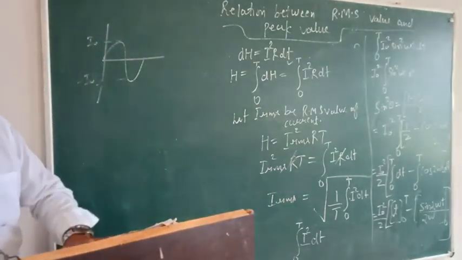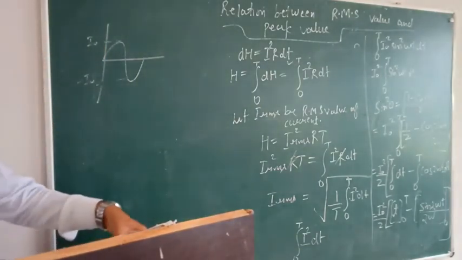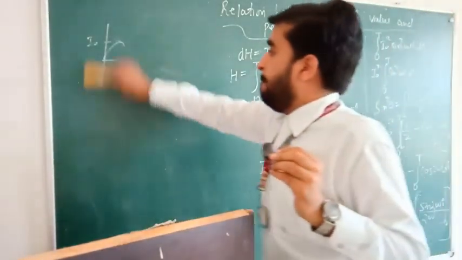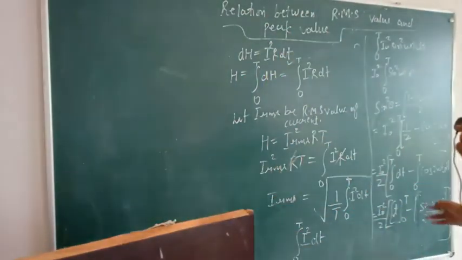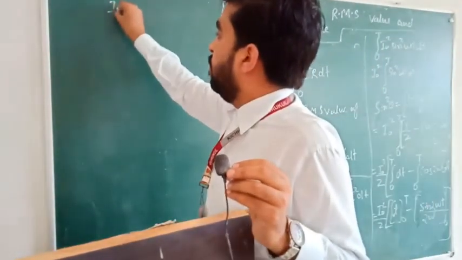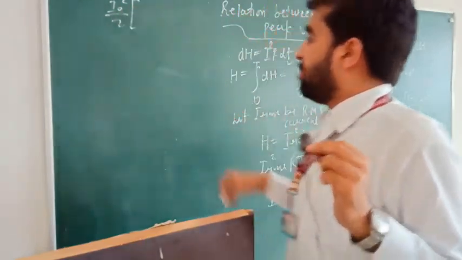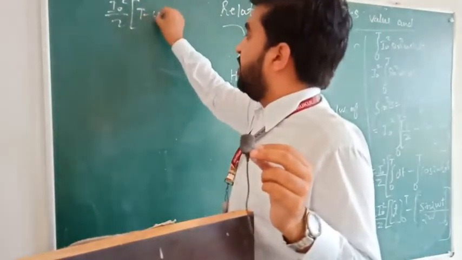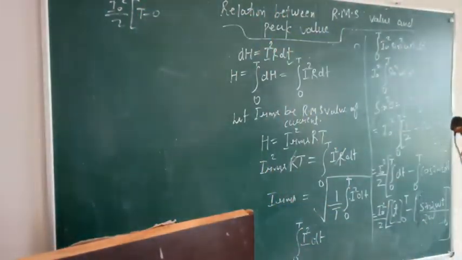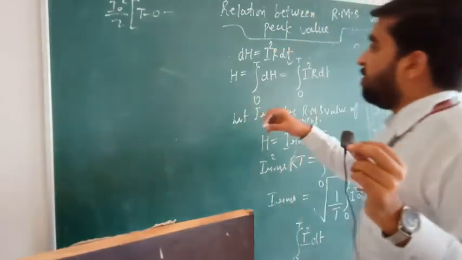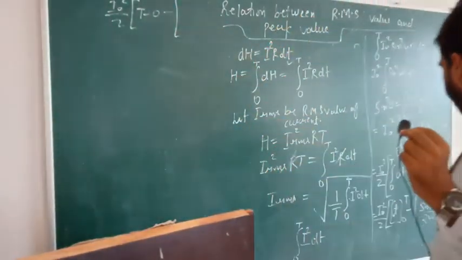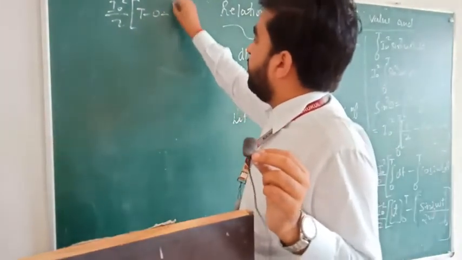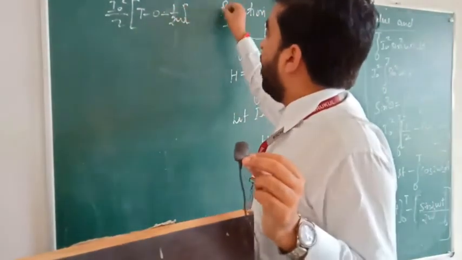So students, now I naught square upon 2, substitute the limits: upper limit T minus lower limit 0. So T minus 0, minus 1 upon 2 omega, which we have taken out.